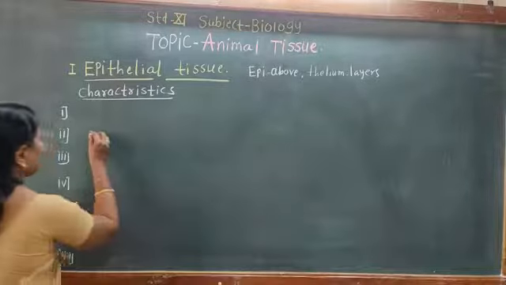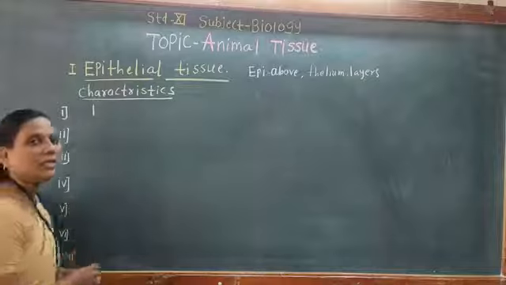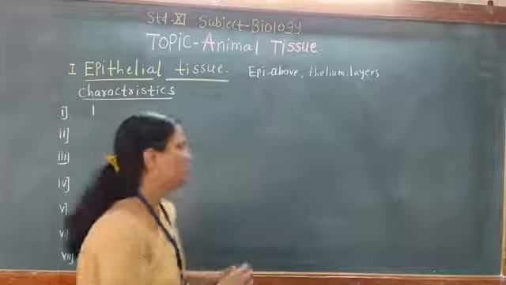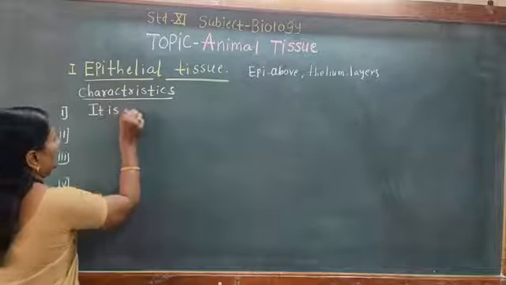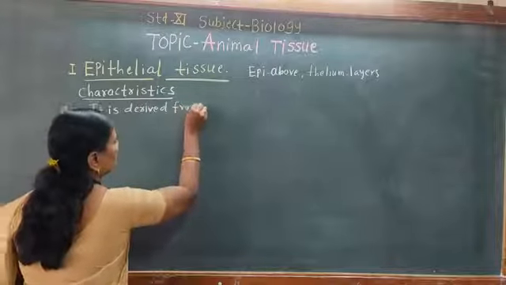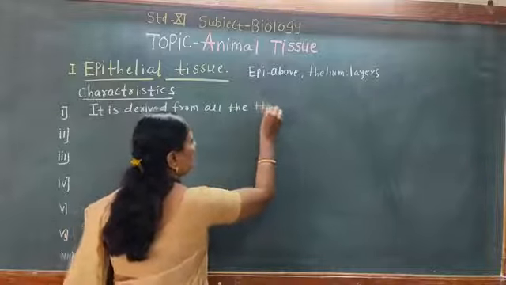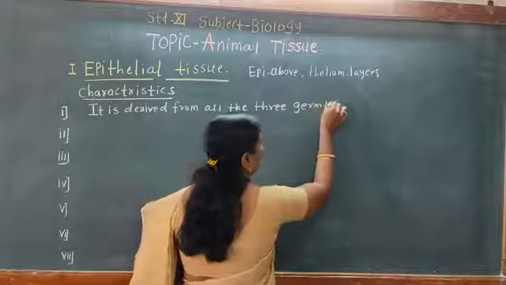See the first characteristic: this tissue is derived from all three germ layers, that is the ectoderm, endoderm and mesoderm. Which are these germ layers?